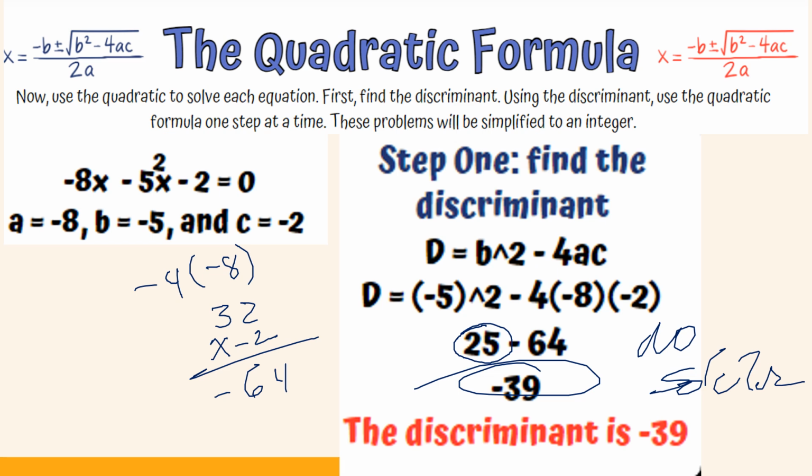When you get a negative discriminant with the quadratic formula in this class, that's it. We're done. We just write no solution. And if you want, n/c. Sometimes you'll see it written as n/c. Sometimes you'll see it spelled out as no solution. But a negative discriminant is always no solution.